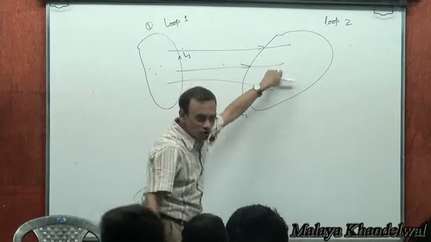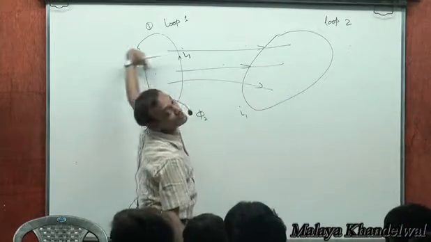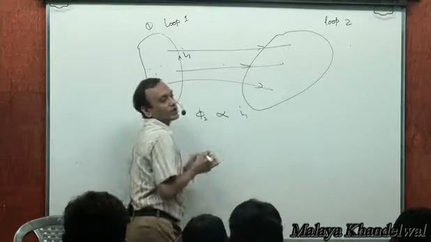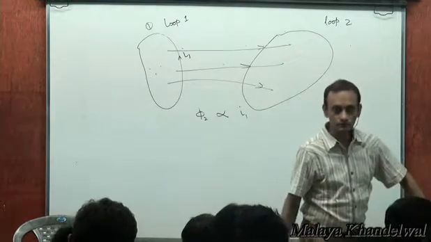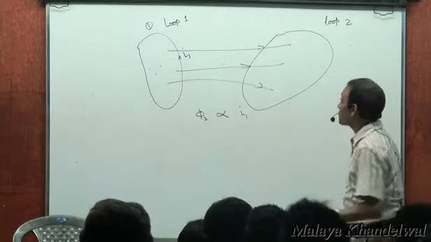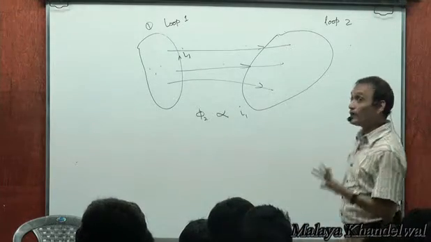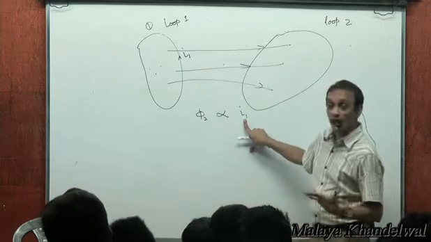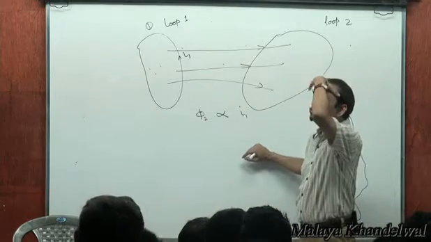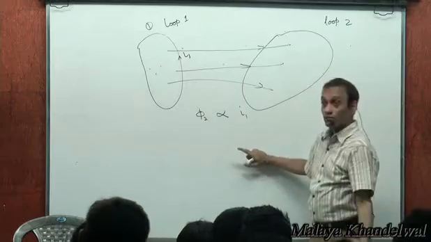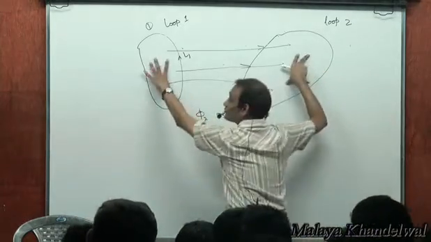This is flux not because of its own current, but because of the current in 1. And the flux through loop 2 will be proportional to the current in 1. And the flux through loop 2 will depend on what all? For a given I equal to I1 through loop 1, the flux through loop 2 will depend on, number 1, the geometry of the two loops.